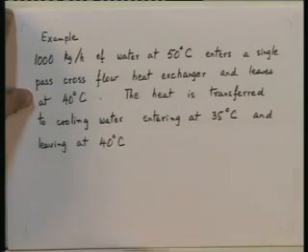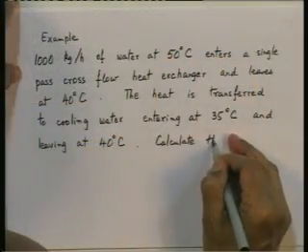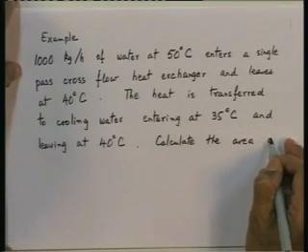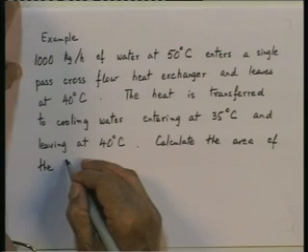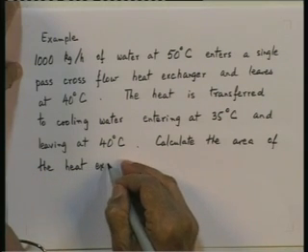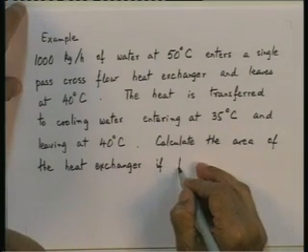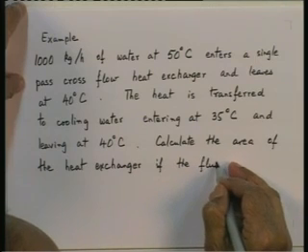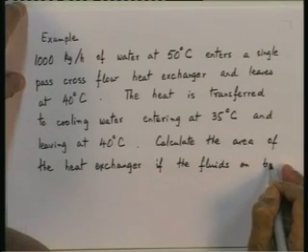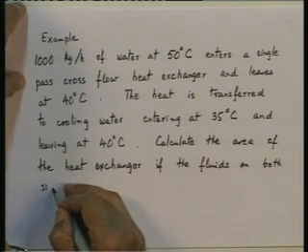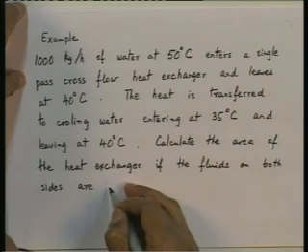The cooling water, which is cooling this hot water, enters at 35 and leaves at 40 degrees centigrade. Calculate the area of the heat exchanger if the fluids on both sides are unmixed.